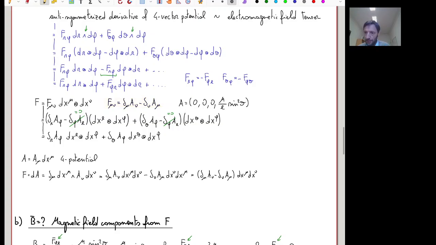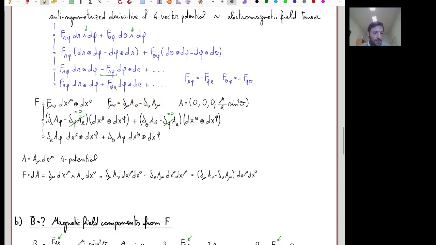One way to create a tensor which is antisymmetric is to use a four vector, in this case with lower indices, a one form, a dual vector, constructed in this way.